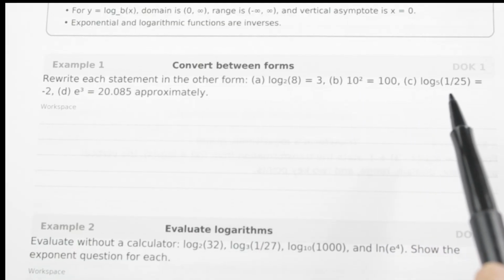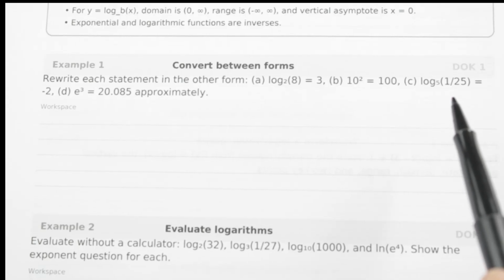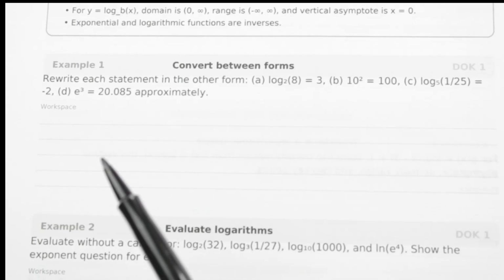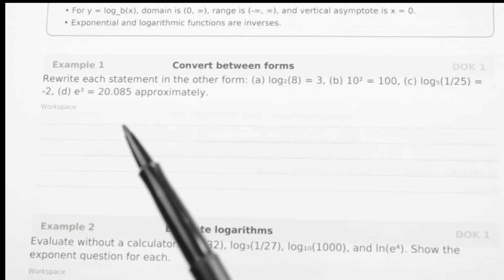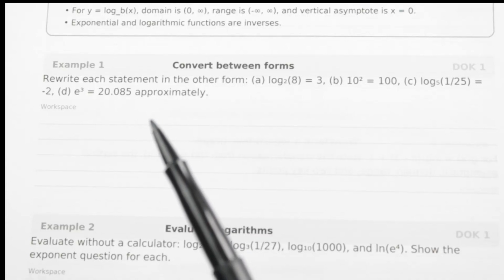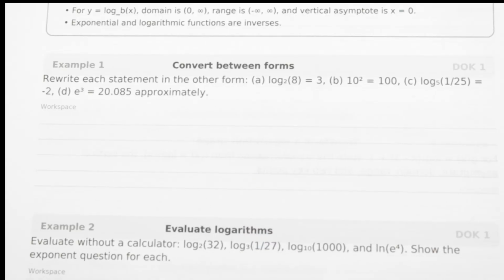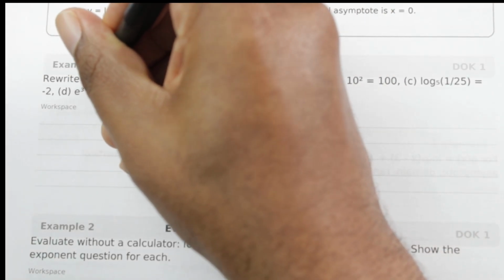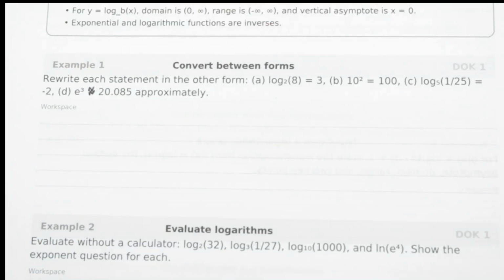Log base 5 of 1 over 25 equals negative 2. Then d is e to the power of 3 equals approximately 20.085. Okay, so this is actually an approximation.